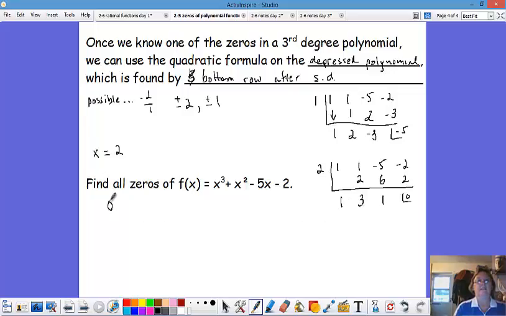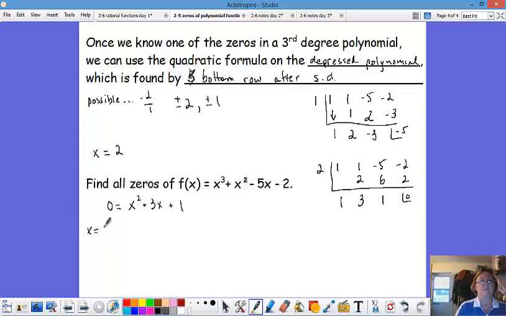I need to find or solve this quadratic equation. It's 1x squared plus 3x plus 1. Remember, the exponent here is 1 less than where you started because you've already divided out 1 power of x. This is not going to be a factorable one, so it's going to be a quadratic formula problem.